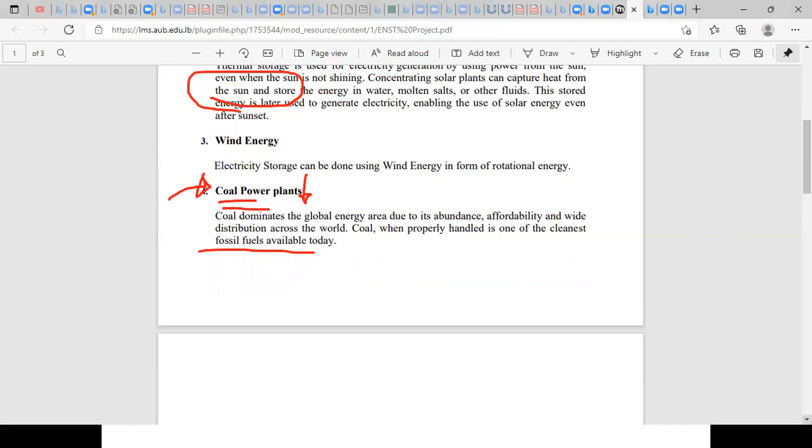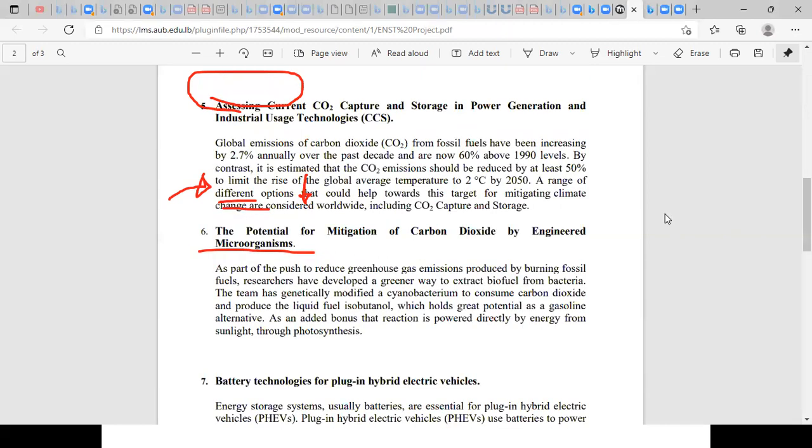Now, another possible topic is to assess the current CO2 capture and storage in power generation and industrial usage technologies. So we have seen that we are relying a lot on fossil fuels. It's true that we are trying to switch to new alternatives, but still the dominant mode of energy production is fossil fuels.